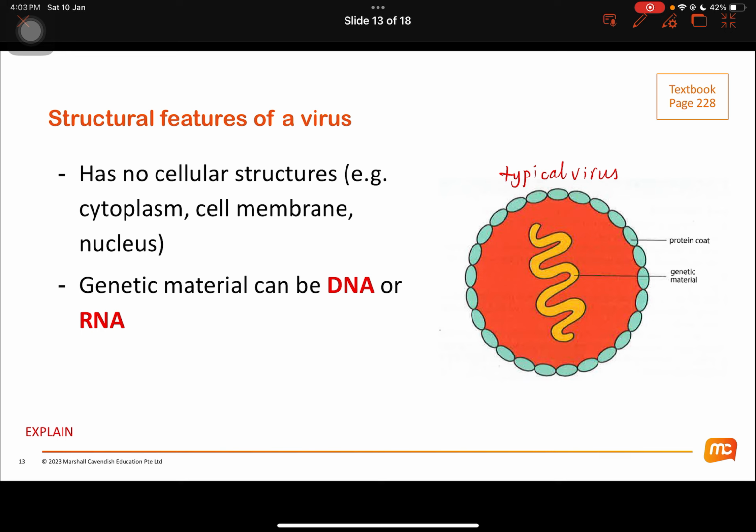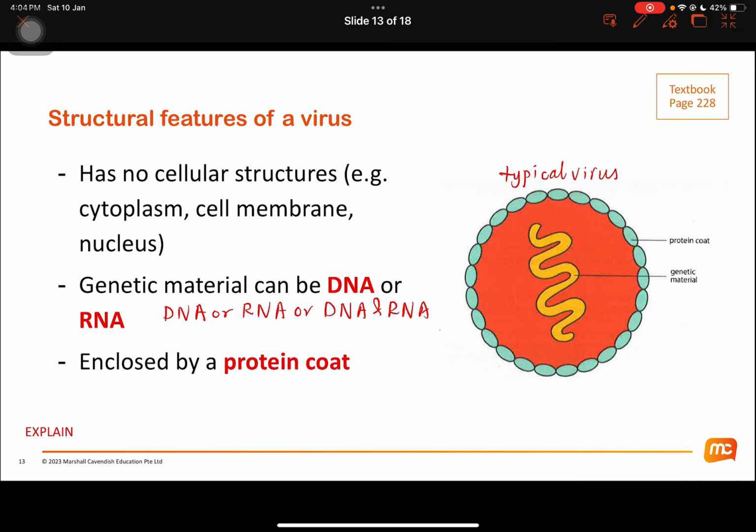Some viruses have DNA, some have RNA, and some have both. And the genetic material is enclosed by a protein coat. This is similar to the idea of a membrane like a cell membrane and cell wall, but they are not cell membrane and cell wall. It's just an external layer made up of protein that encloses the genetic material inside a virus.